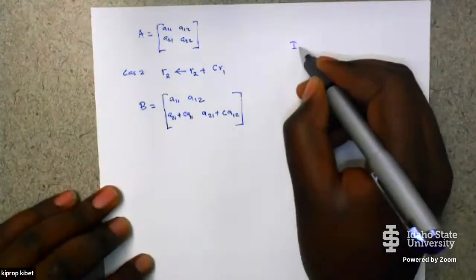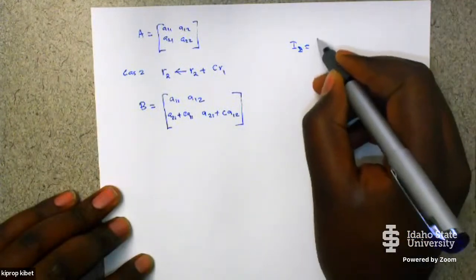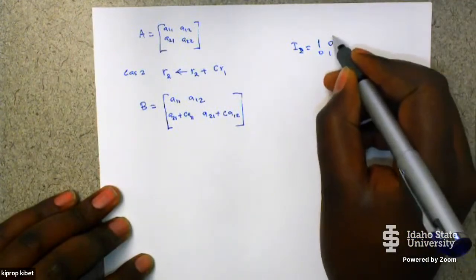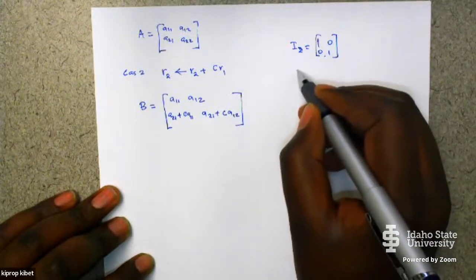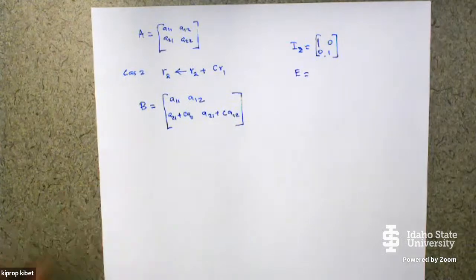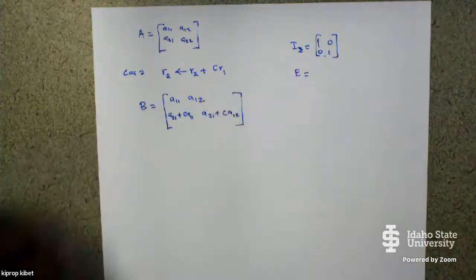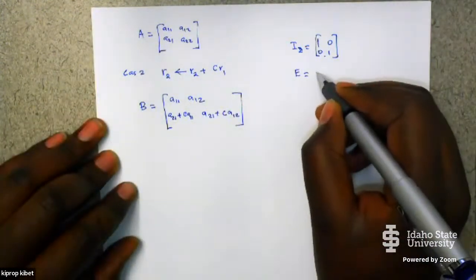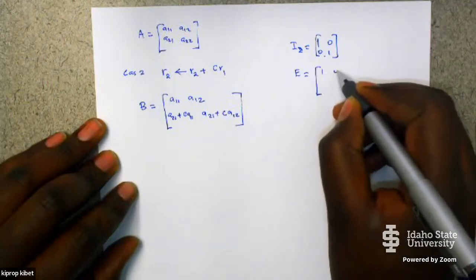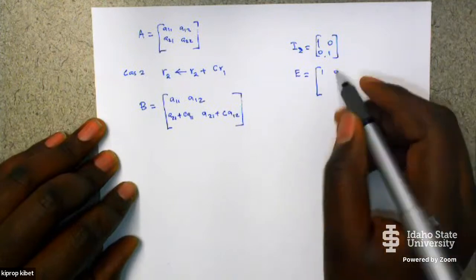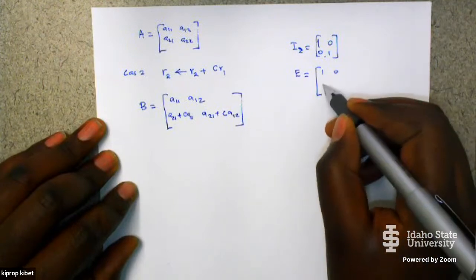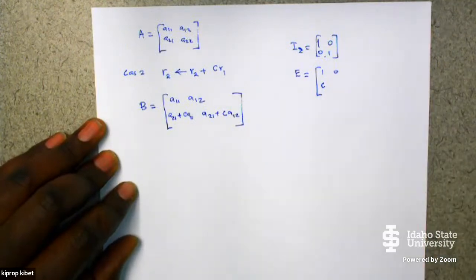Now, what will be our E? Our identity matrix 2 is equal to 1, 0, 0, 1. Now, our E will be equal to what? We do the same thing here. So our E is 1, 0. We add, so when we add here, you get C, right?